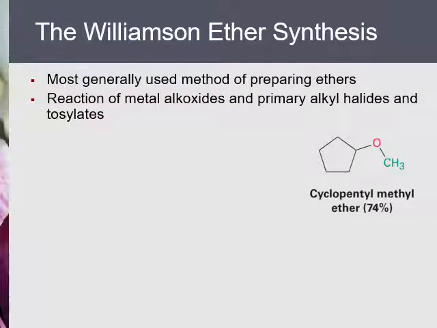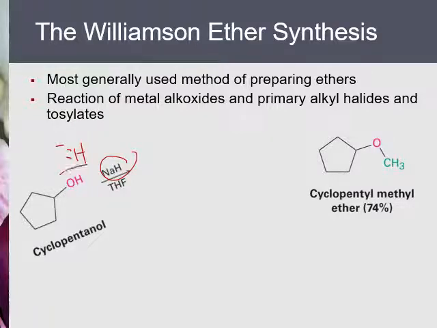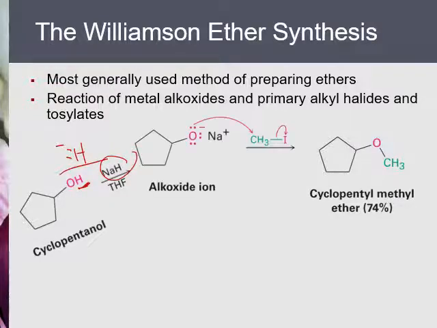The most generally used method of preparing ethers is the Williamson ether synthesis. In this method, first an alcohol is treated with sodium hydride. As you know, sodium hydride has a hydride that is a strong base, which can deprotonate the hydrogen from the alcohol and form an alkoxide.